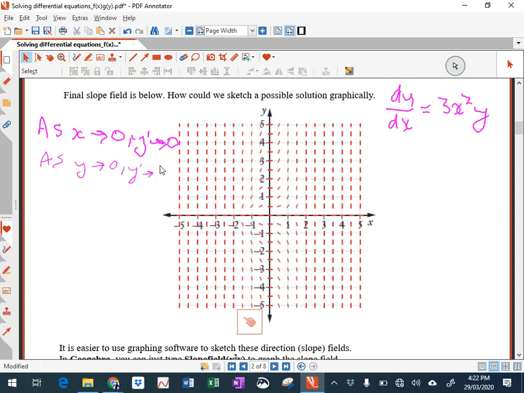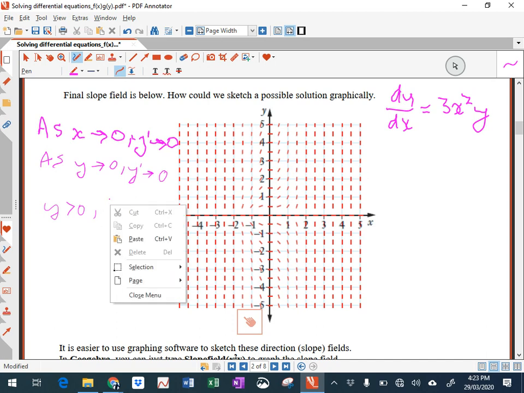I just want the pen tool back. There we go. Also approaches 0. Now the other thing to consider is what happens when y is bigger than 0. If y is bigger than 0, then I can say y dashed, the gradient, is positive.